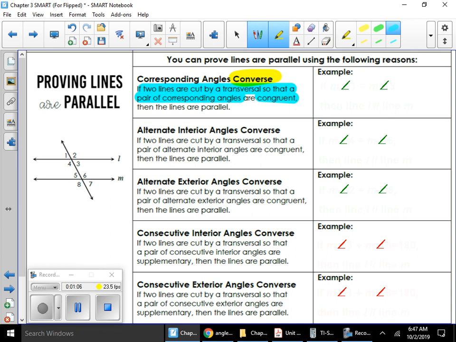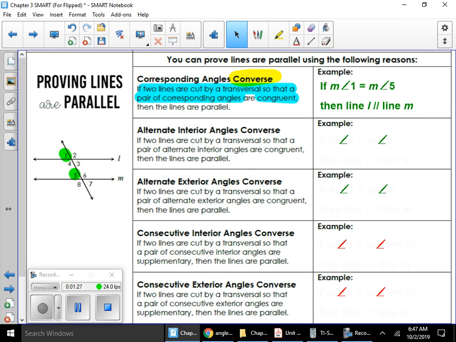So for example, if we know that angle 1 and angle 5 are congruent, if we know those angles have equal measure, then we know the lines are parallel. So in this case, our lines are L and M. If I can find some way to show that those two measures are equal, then I know L and M are parallel lines.